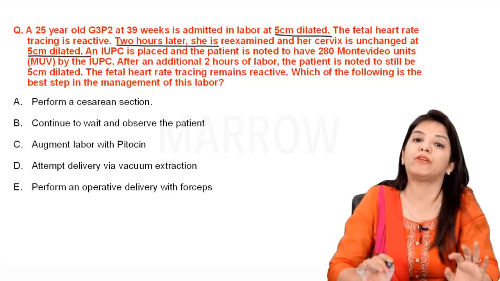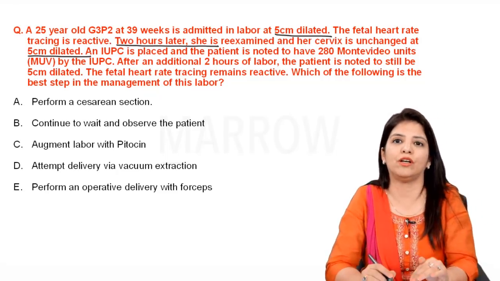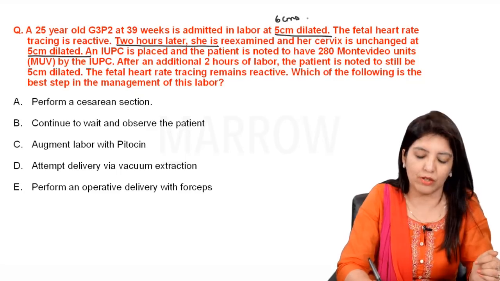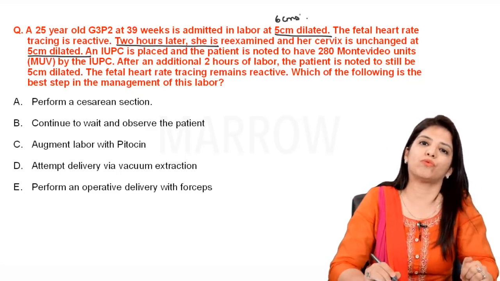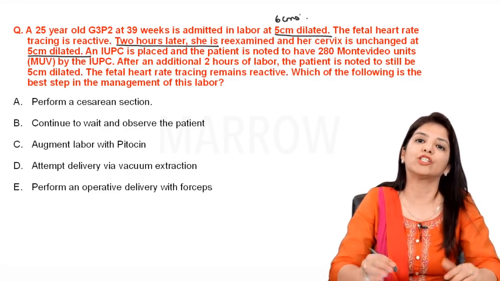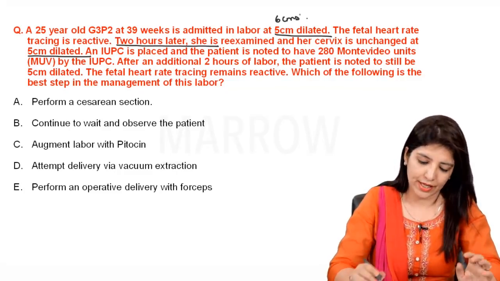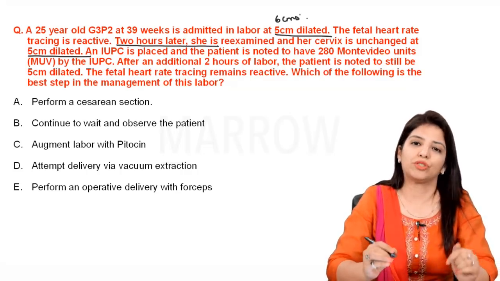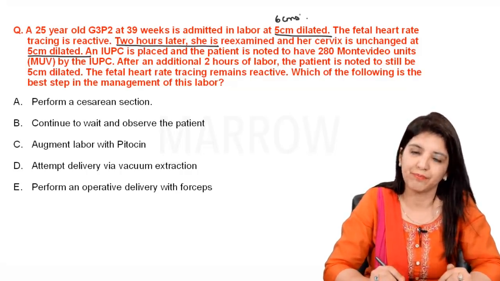Now, this is one of the previous questions. If it would be asked now, instead of 5 centimeters it will be 6 centimeters. This question was asked long back when the active phase began at 4 centimeters. For your purposes, change this 5 centimeters into 6 centimeters to get the right answer.